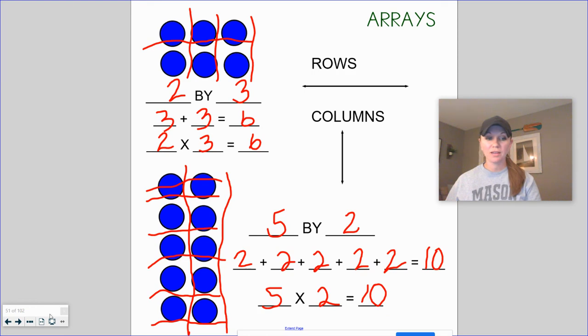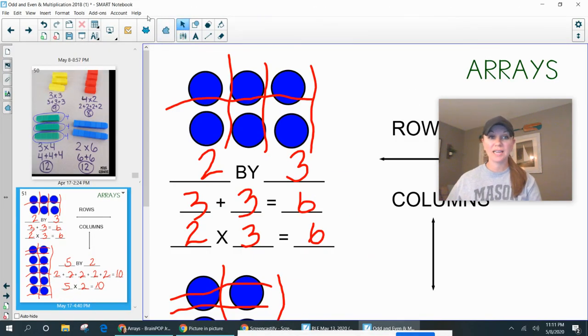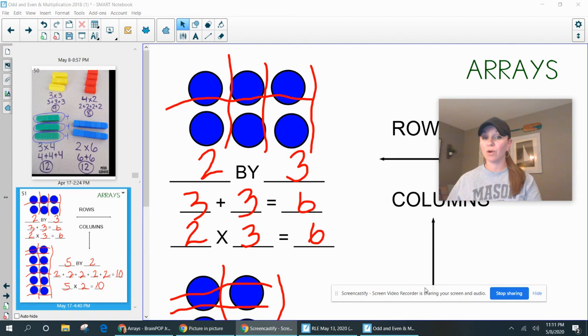Hopefully that helps you get to know array pictures a little bit better. Hopefully you also understand how to come up with the repeated addition number sentence, and then how to turn that array and repeated addition number sentence into the multiplication sentence. And that way you can start to get to know a little bit about multiplication, how to multiply two numbers together, and then to be able to find the final product.